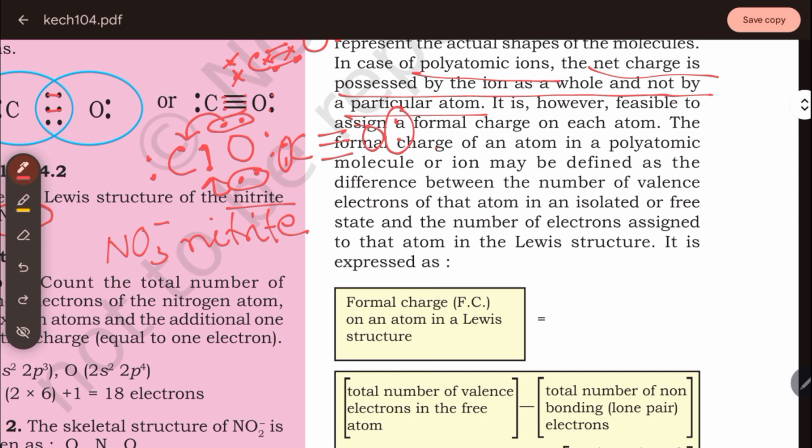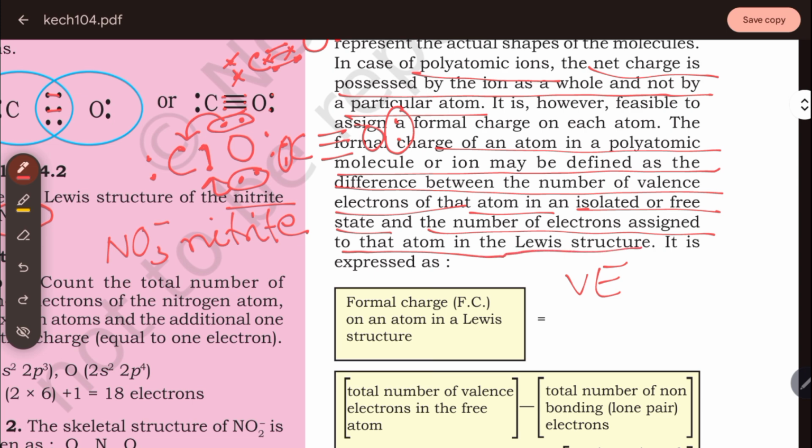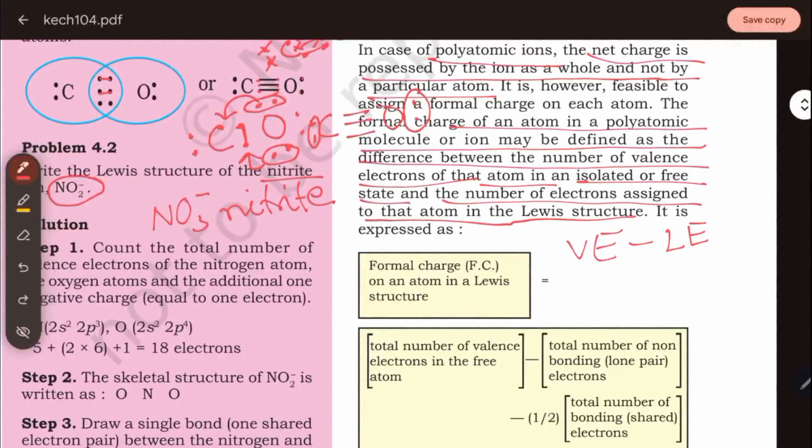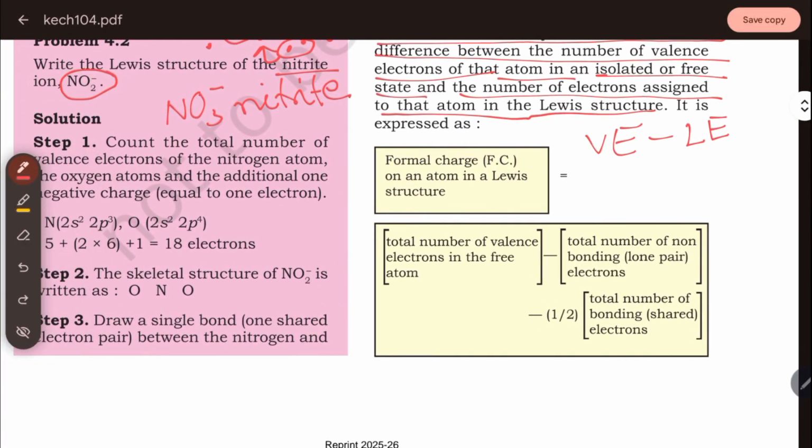So the formal charge of an atom in a polyatomic molecule or ion may be defined as the difference between the number of valence electrons of that atom in an isolated or free state, and the number of electrons assigned to that atom in the Lewis structure. But we have a particular formula for it, and this is the formula.